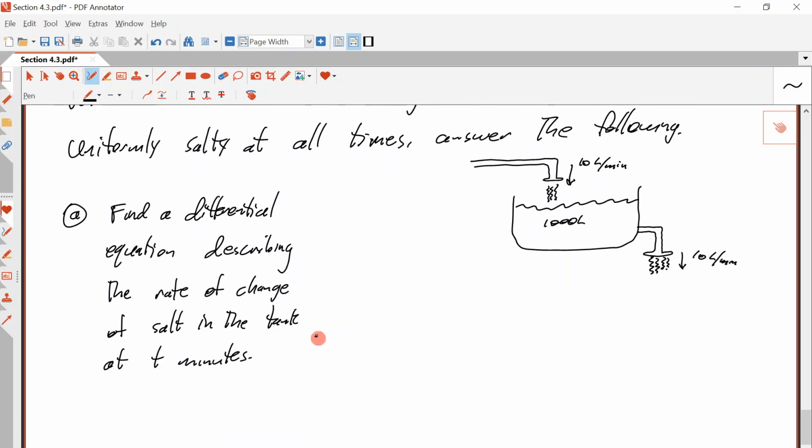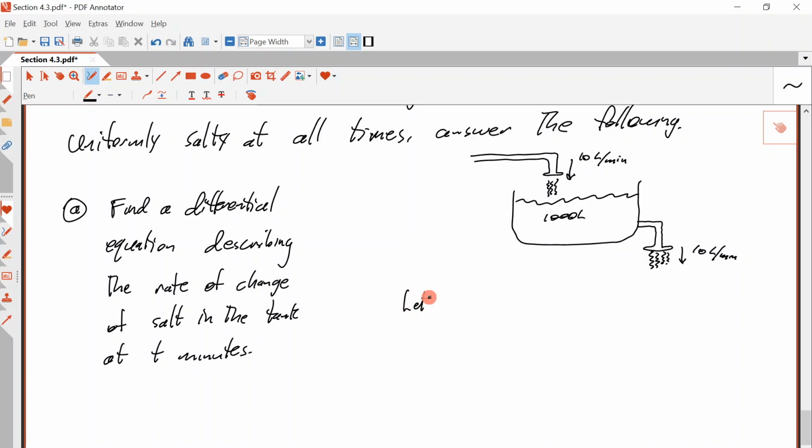Okay, part A. Make sure you define your terms carefully. Let S of T, so S is a function of T, equal the number of kilograms of salt in the tank at T minutes. So if we let S be the number of kilograms of salt in the tank, then the derivative, ds/dt, is kilograms per minute, how the amount is changing.